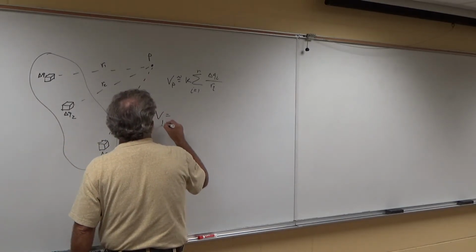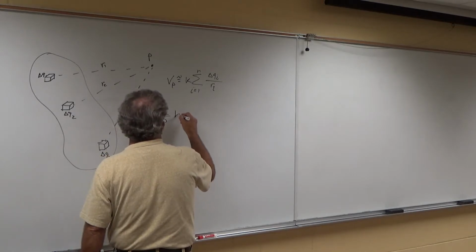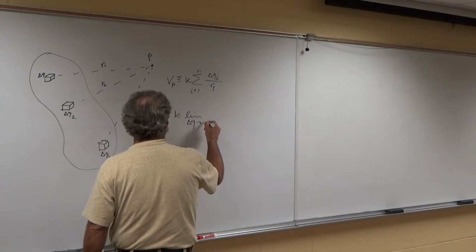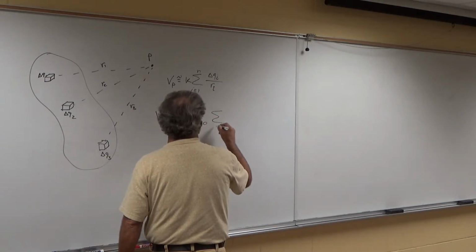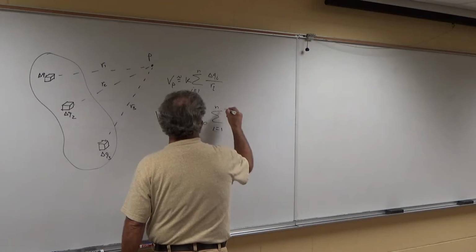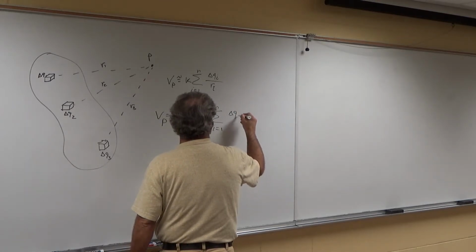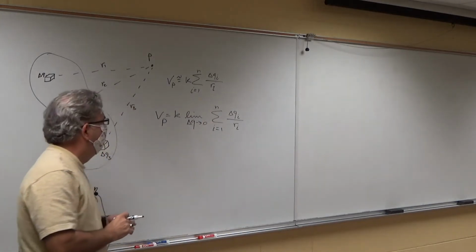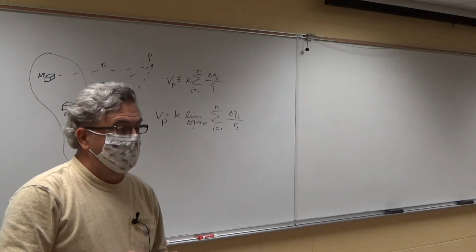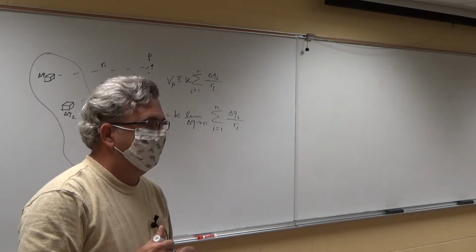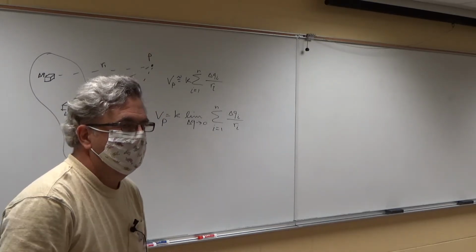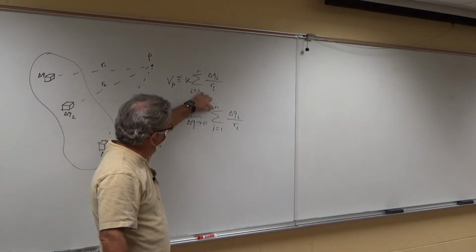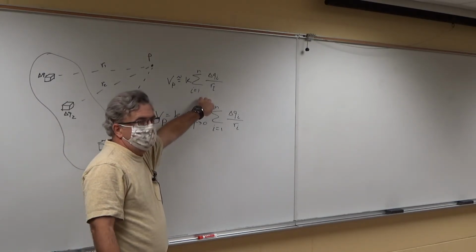V at P is equal to K times the limit as delta Q goes to 0 of the sum from i equals 1 to N of delta Qi over R sub i. That's equivalent to letting N go to infinity. Okay? Letting delta Q go to 0 is equivalent to letting N go to infinity. It's the same limit.